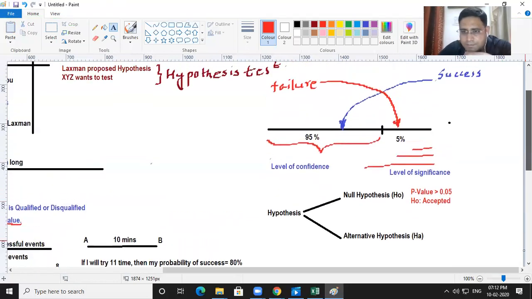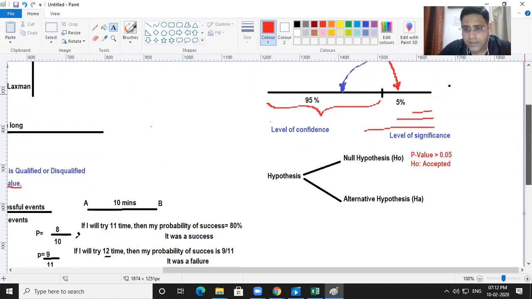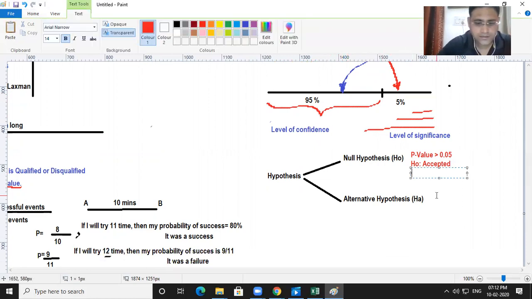It gets accepted because I am coming out of this zone; if my value is greater than 5%, I will fall in this zone. Here this is the success, meaning my null hypothesis is accepted. And when my null hypothesis is accepted, my alternative hypothesis will be rejected.